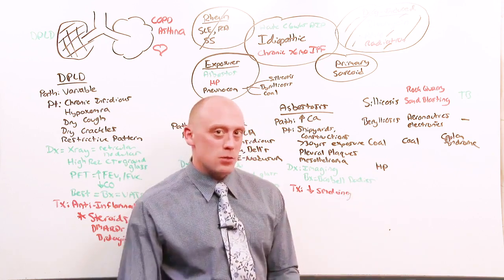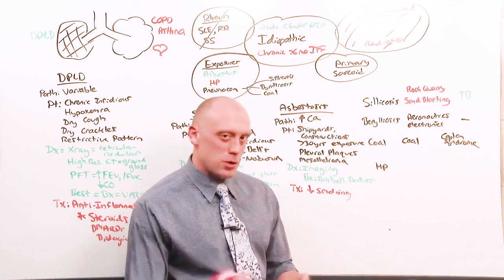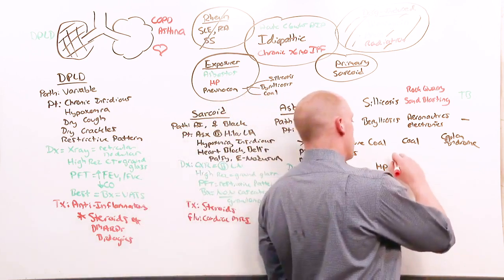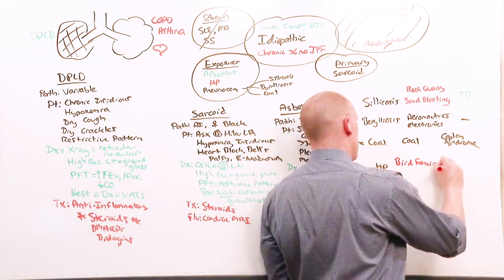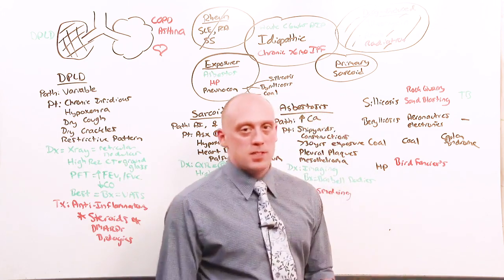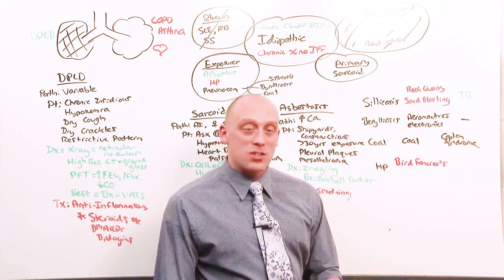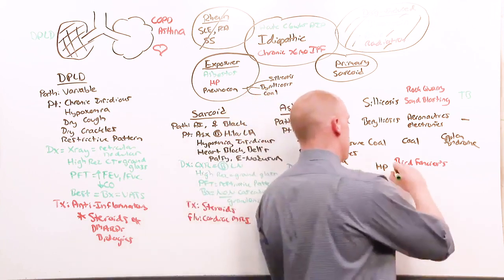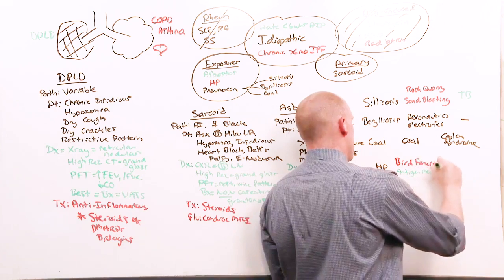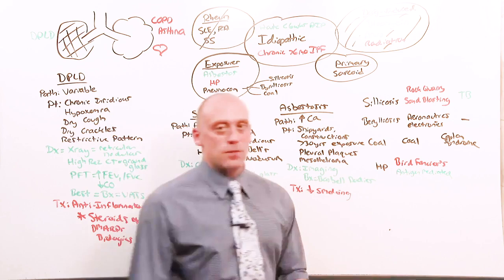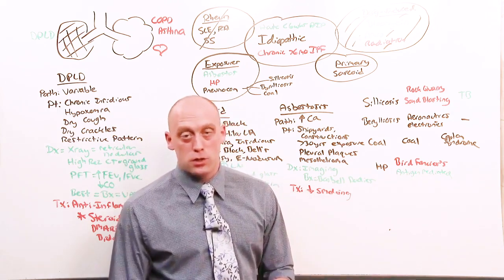Hypersensitivity pneumonitis, so that's the one you want to be able to identify. You learned it probably for Step 1 as bird fanciers. The thing is with hypersensitivity pneumonitis, it is antigen mediated. So Step 2 is likely to not give you the person who owns a bunch of birds.